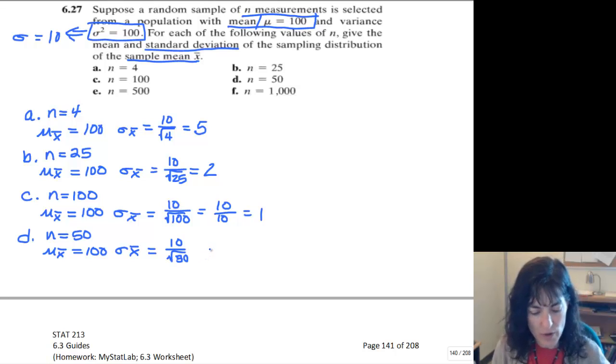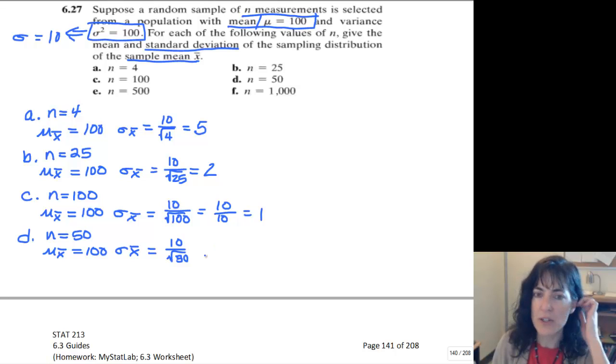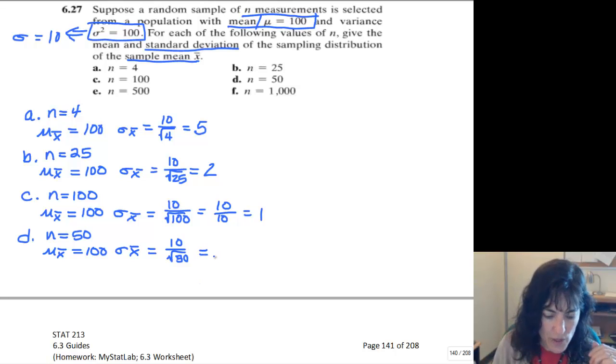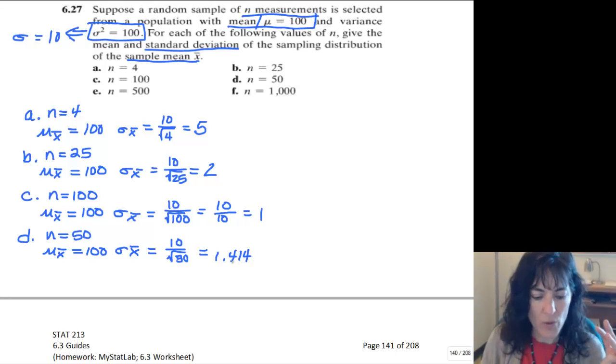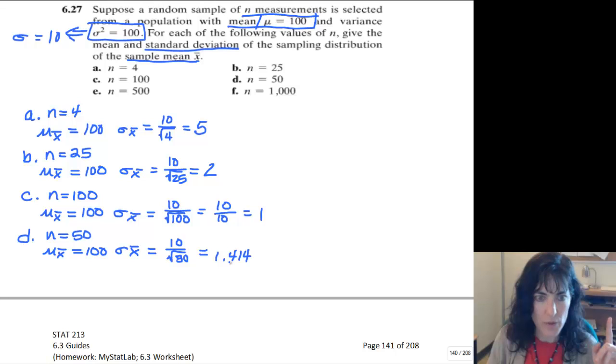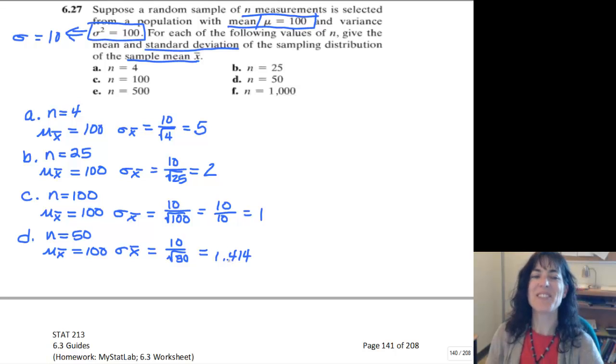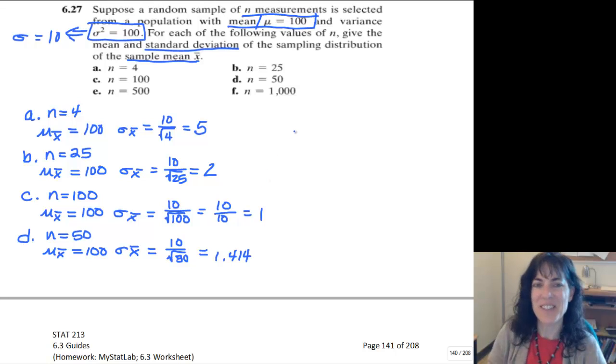On my calculator, I can just say 10 divided by, and then I can type in the square root symbol, and then type in the 50, parentheses, and then enter, and it looks like it's 1.414. Oh yeah, my sample size went down, my n went down. I was wondering why it wasn't a better number for my standard deviation.